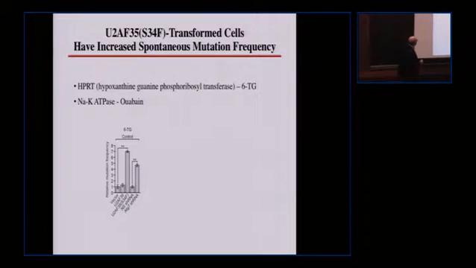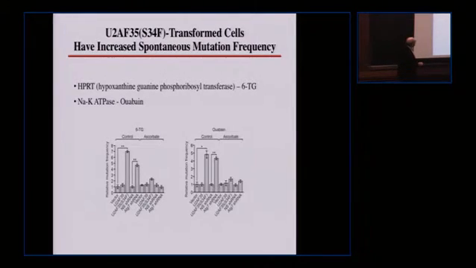And so what this shows is that the U2AF35 transformed cells and ATG7 knockdown transformed cells have increased spontaneous mutations in HPRT. And moreover, we can suppress those using the antioxidant ascorbate. And very similar results when we look at the rate of mutation of the sodium-potassium ATPase using the drug ouabain.